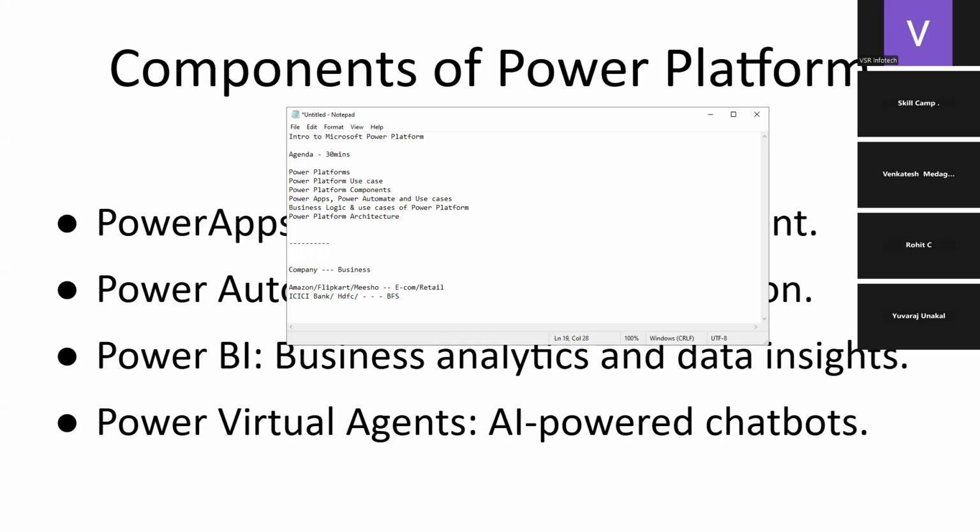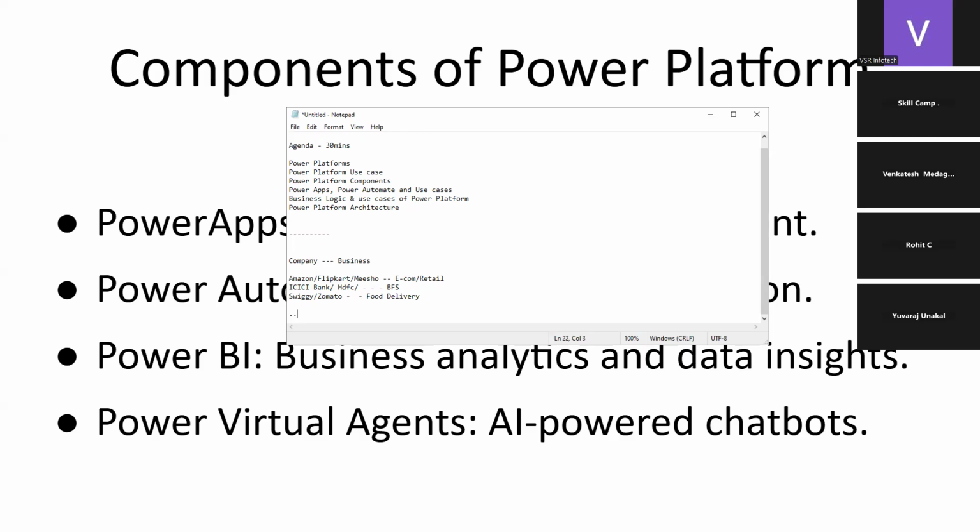So that is their business which they do. We have Swiggy, Zomato. This comes under food delivery. And so on. We have multiple such companies with their specific domains or businesses.